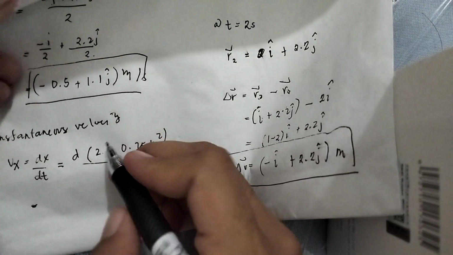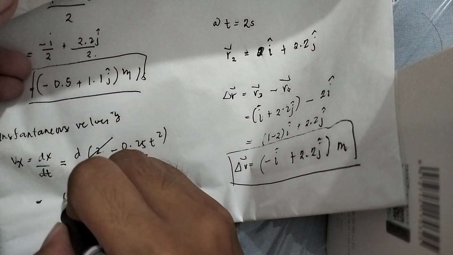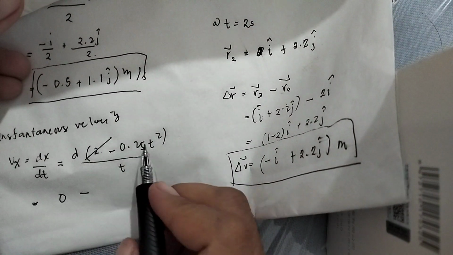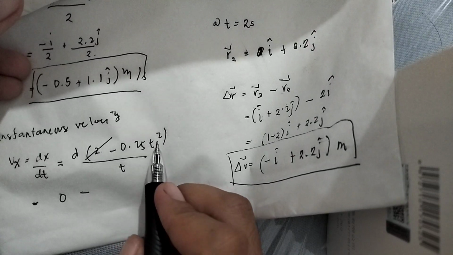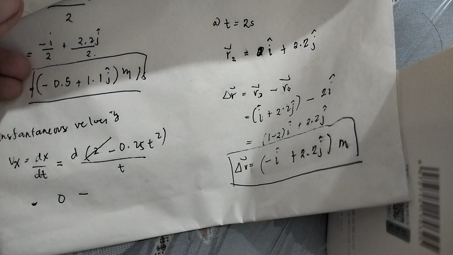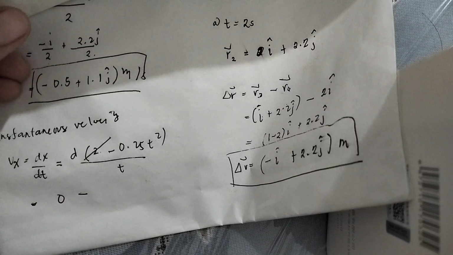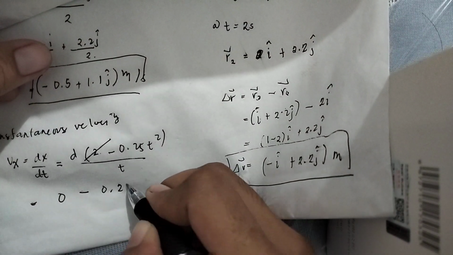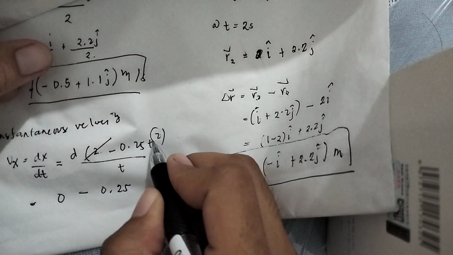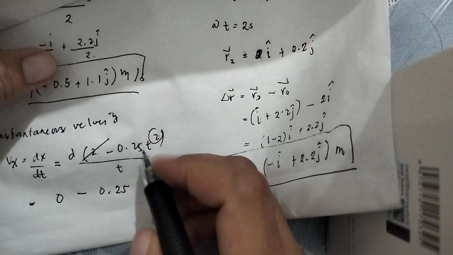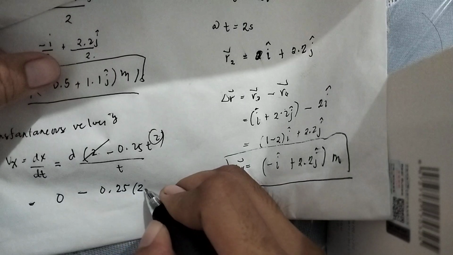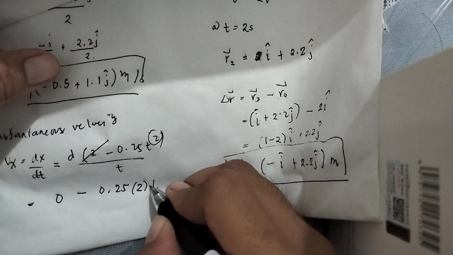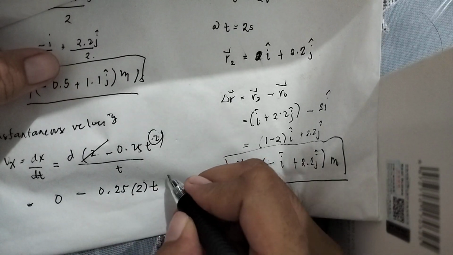So, the derivative of 2 is 0. This constant is attached to a variable, so you have to apply the power rule. Copy the constant, negative 0.25, and bring down the exponent 2, and then t to the 2 minus 1.